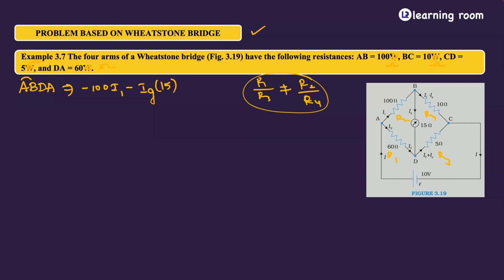Similarly, when you go from D to A, it will be plus 60 into I2. Everything put together is 0. So 60 I2 is equal to 100 I1 plus 15 IG. This is equation 1.